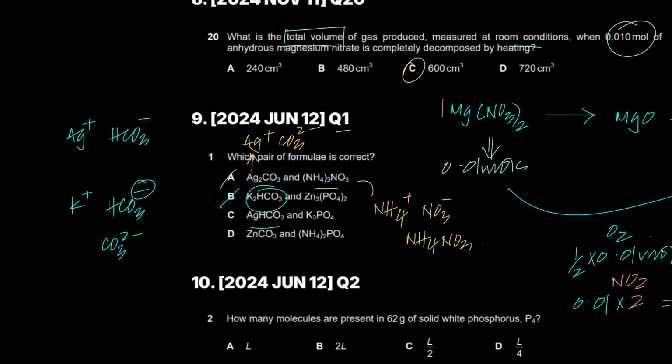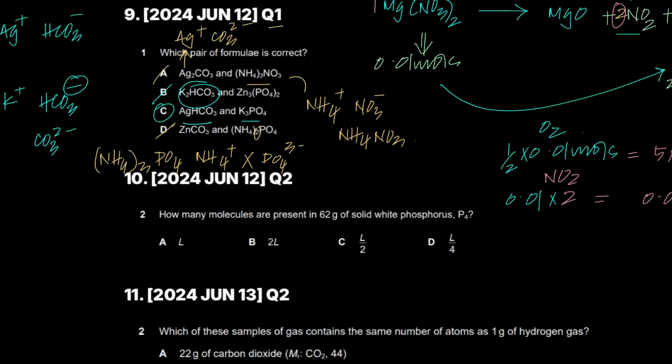So cross multiply, you get this formula. Absolutely. K3PO4 is correct. K is 1 plus, PO4 is 3 minus. Cross multiply, you absolutely get C. Why is D incorrect? Because ammonium ion has 1 plus charge and PO4 is 3 minus. Cross multiply, you get (NH4)3PO4, not whole twice. So I think this was the most basic question.